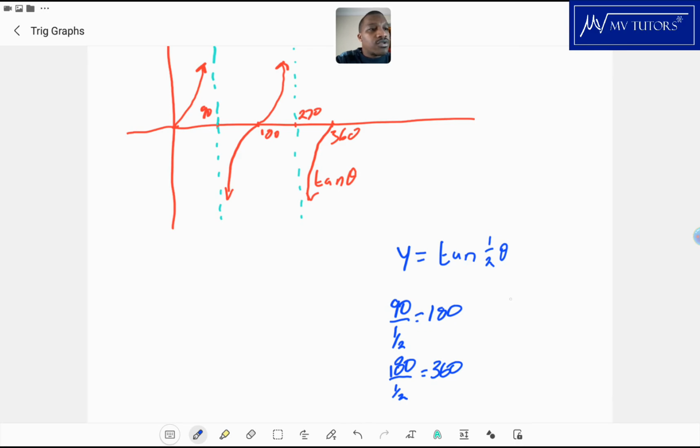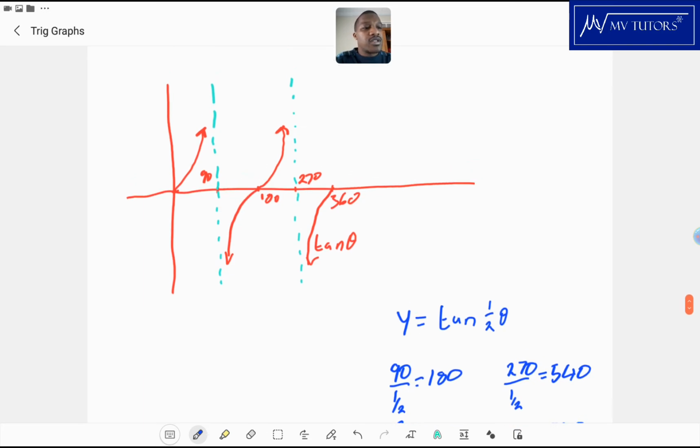Then 270 divided by a half: 270 times 2 is 540. And the last one is 360 divided by a half, which equals 720.